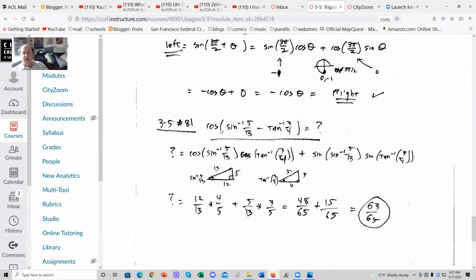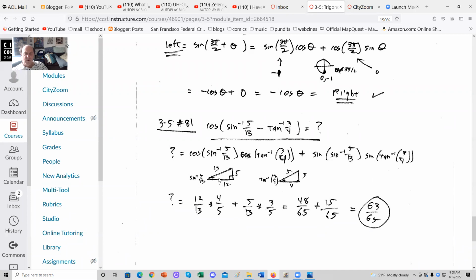Here, let's try cosine of the arcsine of 5/13 minus the arctangent of 3/4. Okay. So this is a cosine of a difference. So it'll be cosine cosine plus sine sine. Cosine of arcsine 5/13 times cosine of arctan 3/4, plus sine of arcsine 5/13 times sine of arctan 3/4.